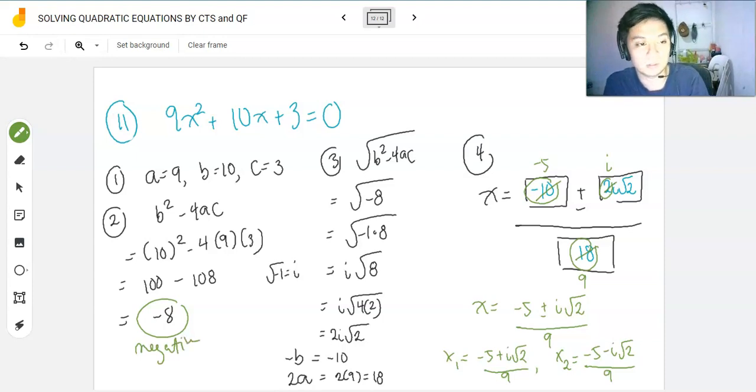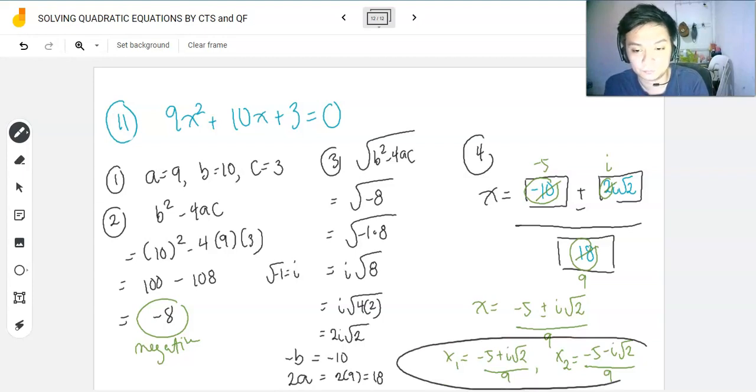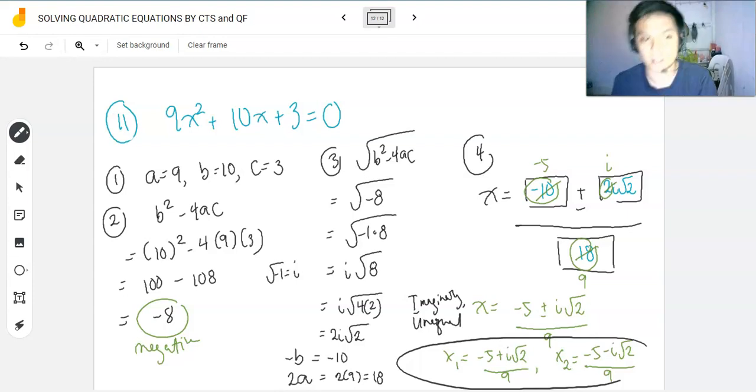And then, anong roots ang meron dito? Siyempre, ayan. With the presence of i there as coefficient ng radical na square root of 2, the two roots here are also imaginary and unequal.